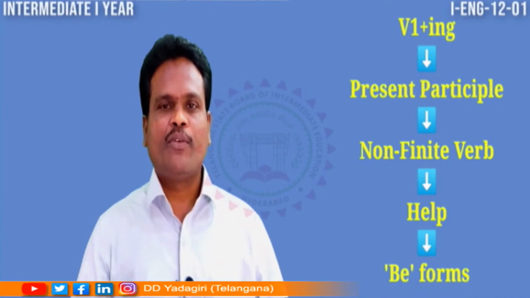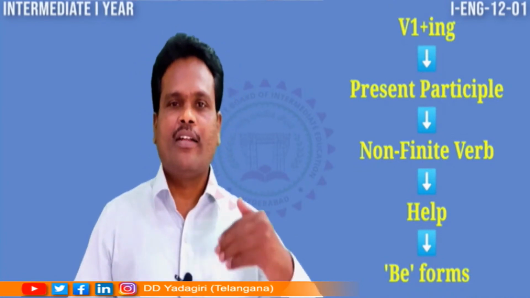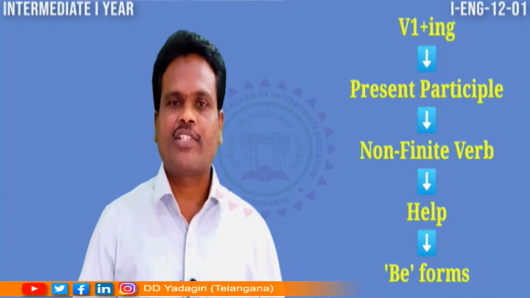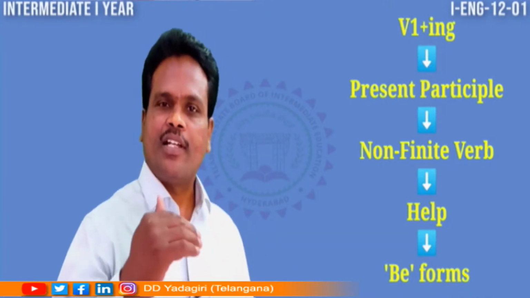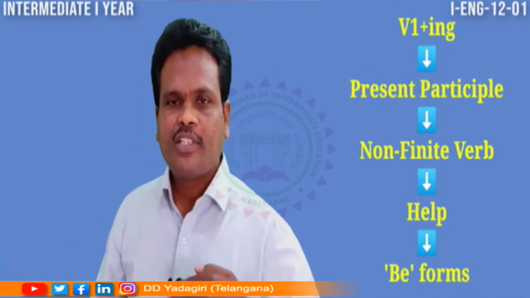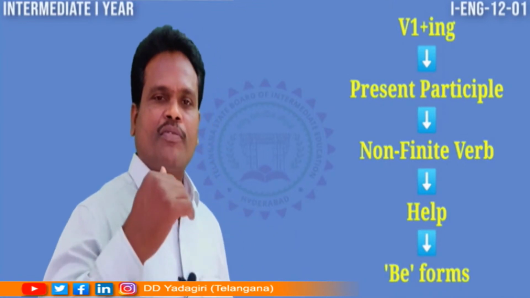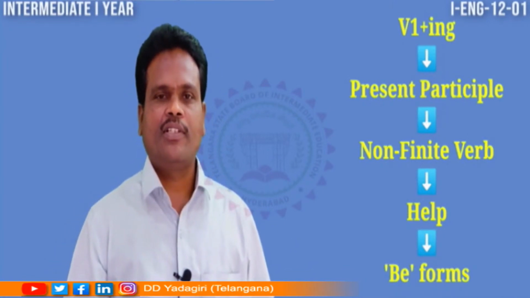So the verb which cannot give the complete meaning on its own and which cannot tell the time of action is known as non-finite verb. Non-finite verb tries to give the complete meaning to a sentence by taking the help from finite verb.